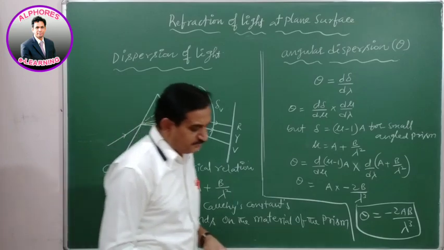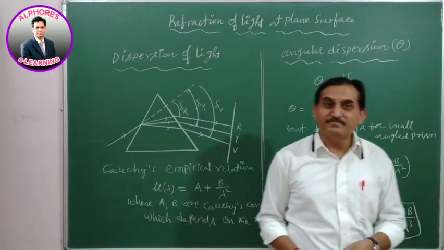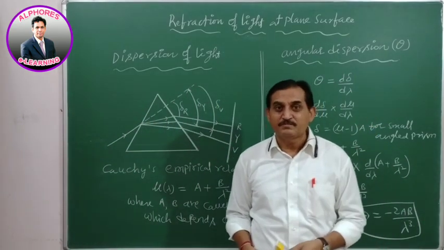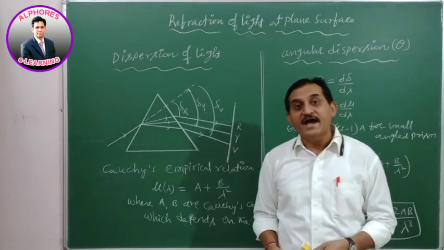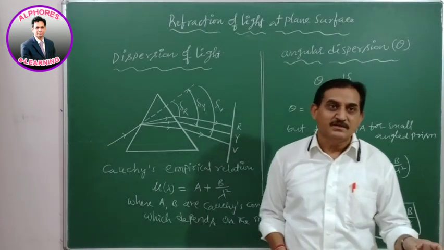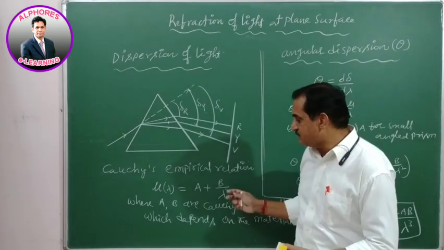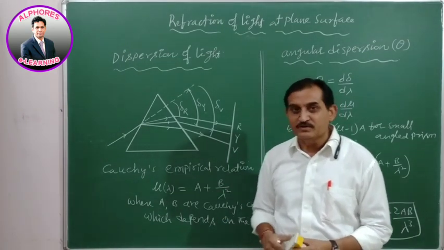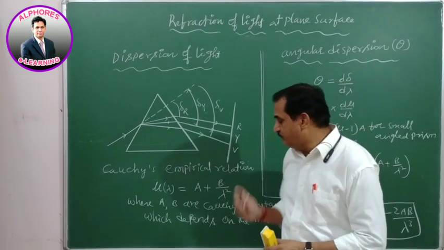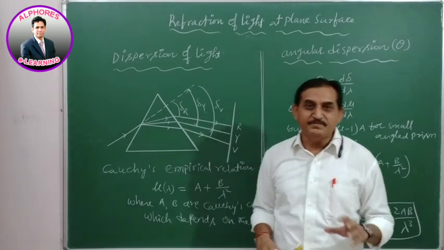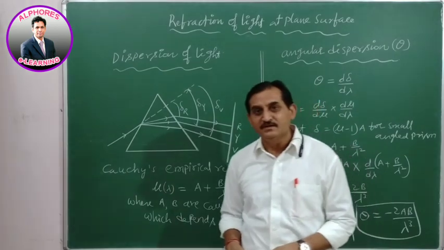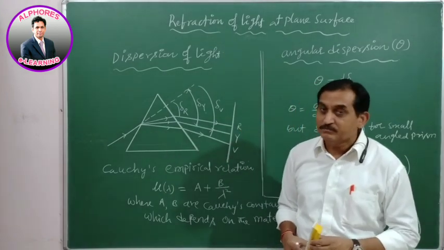The prism may be made of glass, or crown glass, or flint glass. As the glass changes, the medium changes, and definitely these constants will alter. Therefore, Cauchy stated that A and B are constants which depend on the nature of the material of which we prepare the prism.